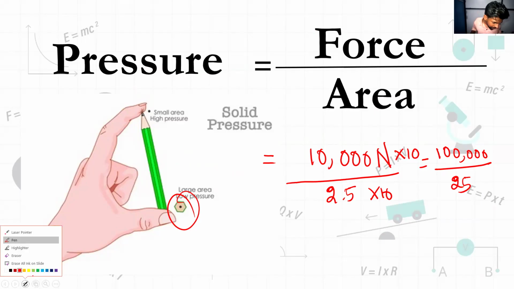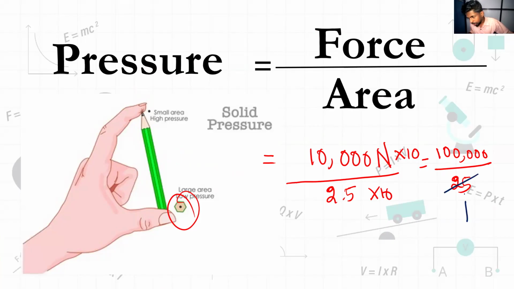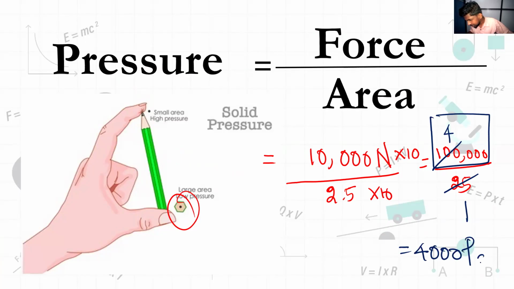Now we'll cut the numbers, right? 25, 25, 1 and 100 divided by 25 is 4 times. So the answer will be 4,000 Pascal. In 100 we have 4 25s. 4,000.